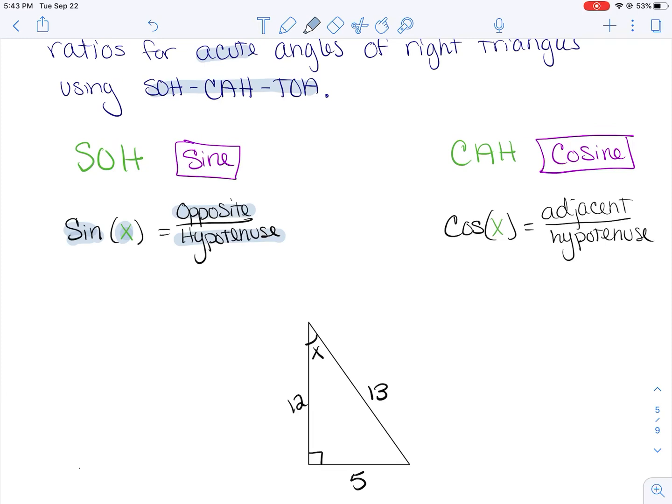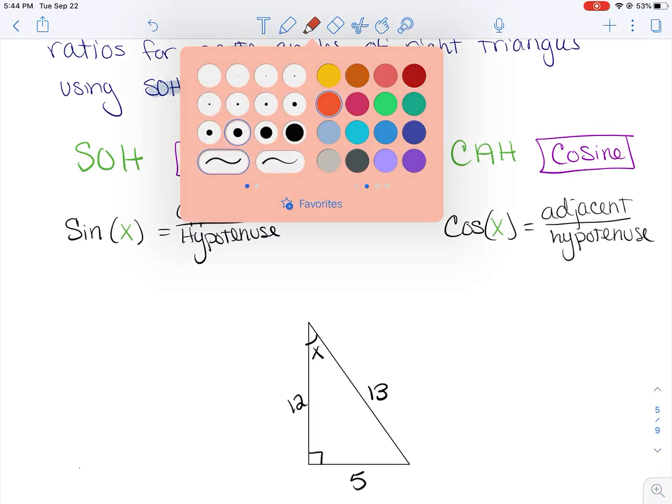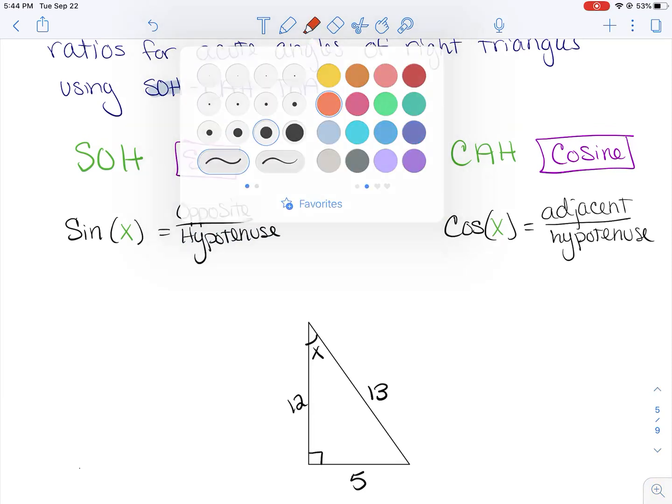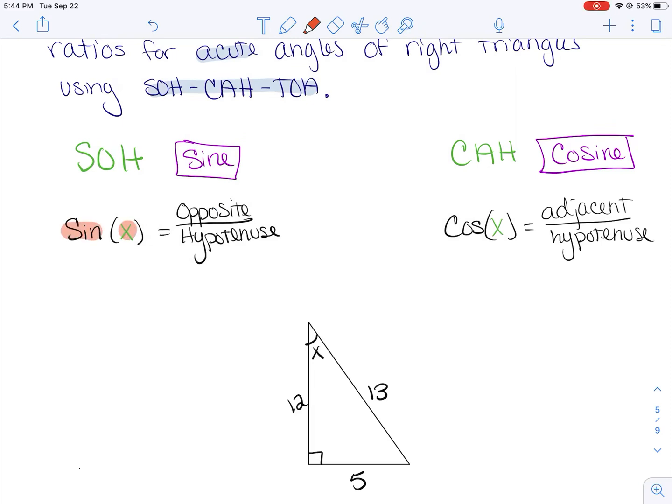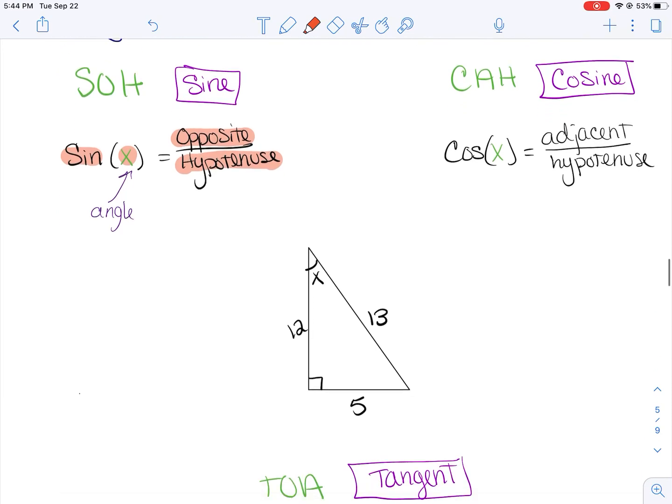So when you set up the ratio for sine, it's always the sine of your angle. Your angle is what goes in the parentheses in the function. The sine of that angle is equal to the side that's opposite that angle over the side that is the hypotenuse of the triangle.